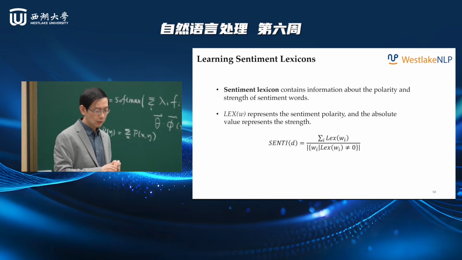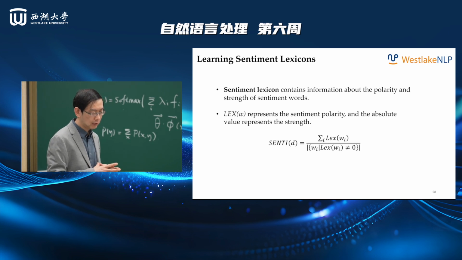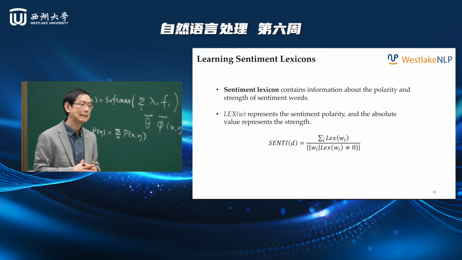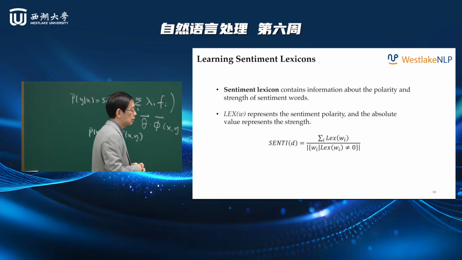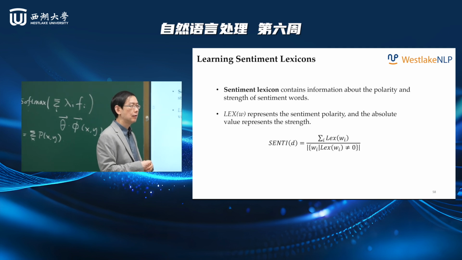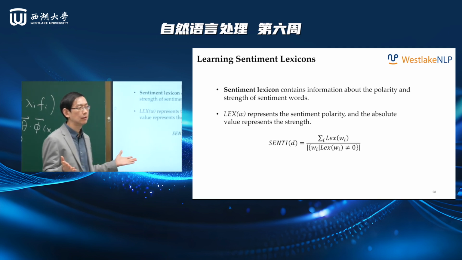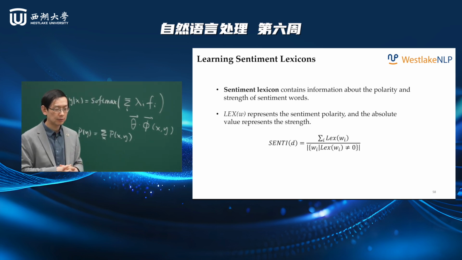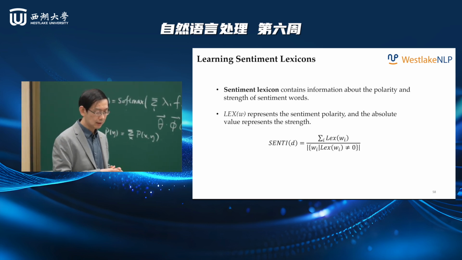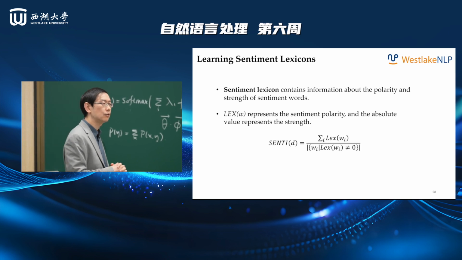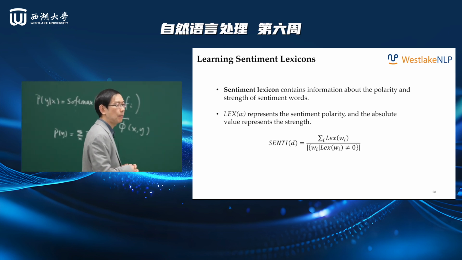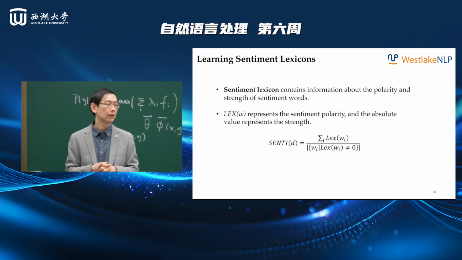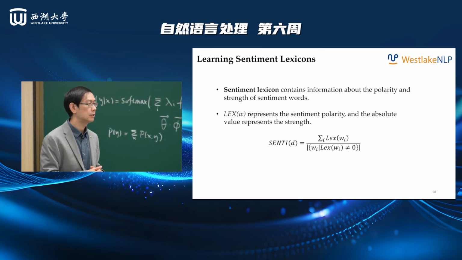So if you know the sentiment value of every word, then you can do sentiment analysis by just summing up all the sentiment words in a document as the sentiment value of the document. The basic idea is if the document contains a lot of good words, then it carries a positive sentiment, okay? Otherwise, it carries negative sentiment.